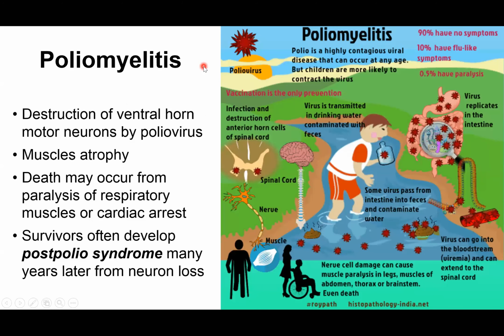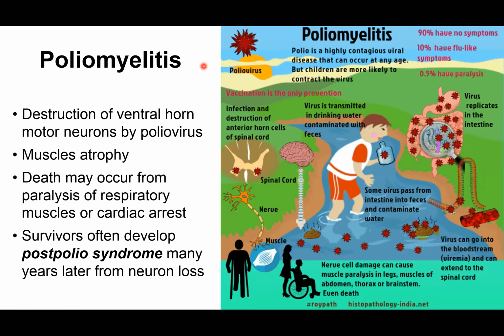The next disease that I'm going to talk about is polio, also called poliomyelitis. And in polio, the ventral horns of motor neurons are destroyed by poliovirus. And because of this, the muscles begin to atrophy.